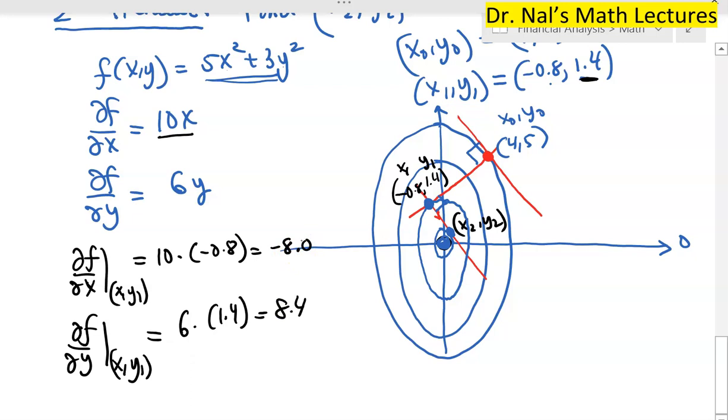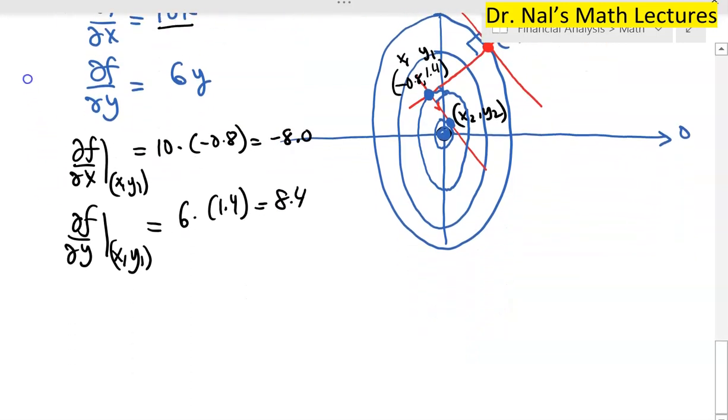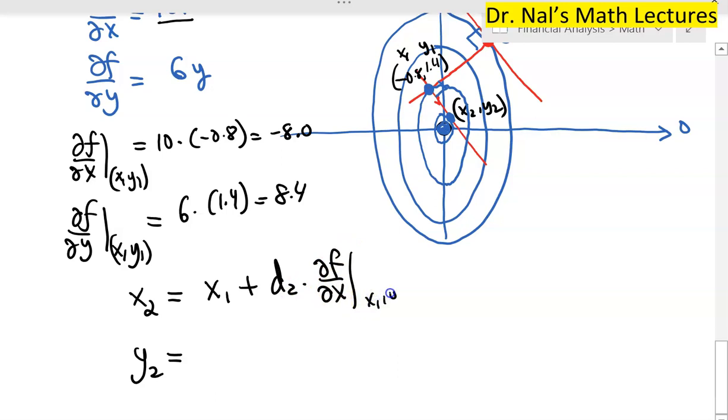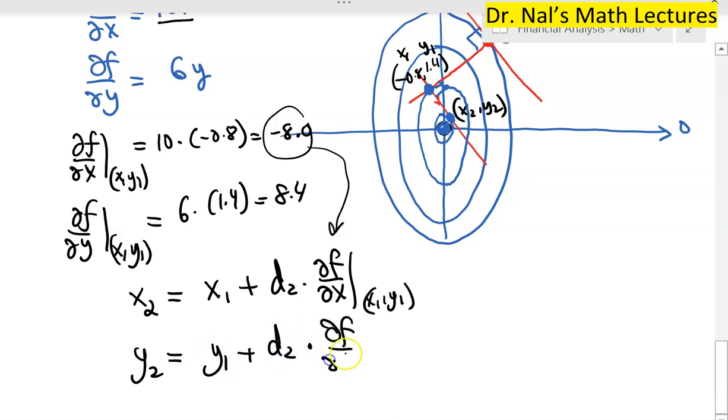Now we can go ahead and write the equations for x2 and y2. For x2, we will start at the point x1 and walk along this direction, evaluated here, which we did already, so we will just substitute it. We have the same thing for y2: we start at y1 and walk along this direction again.